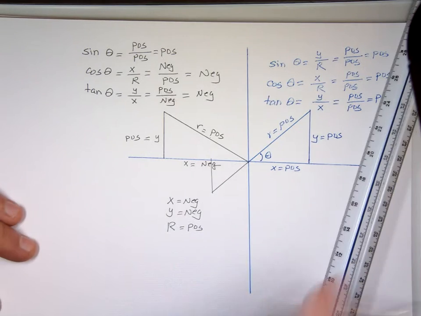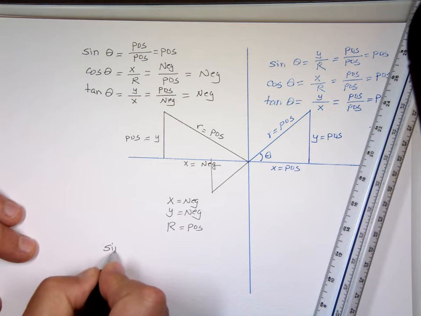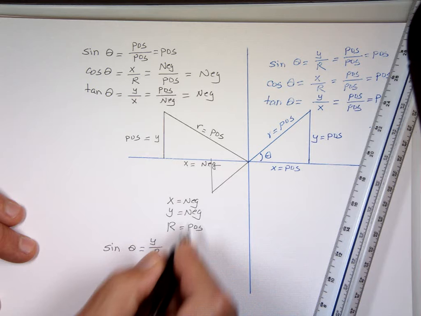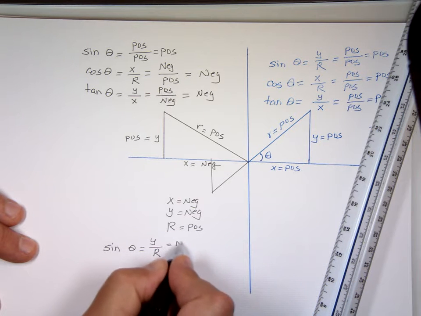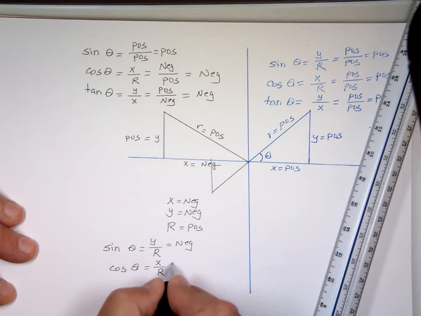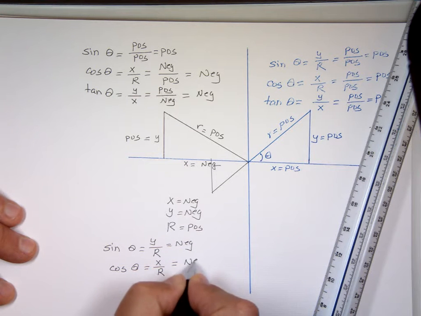And again, the sine is y over r. Negative over positive, that's a negative. The cosine is x over r. That's a negative.